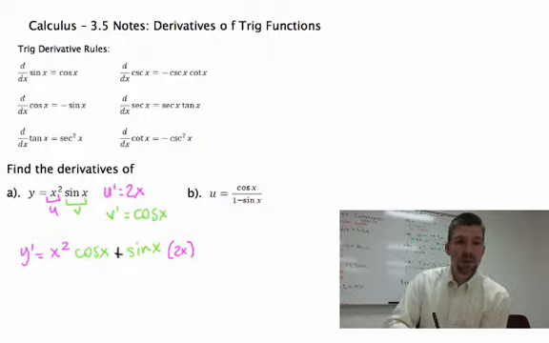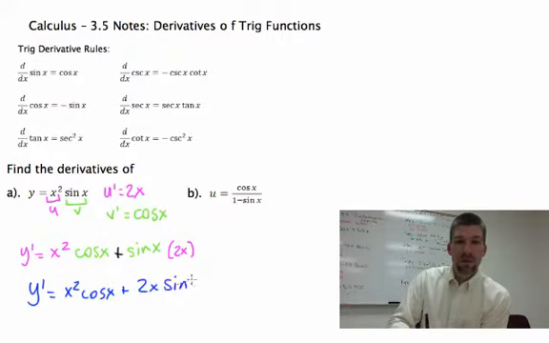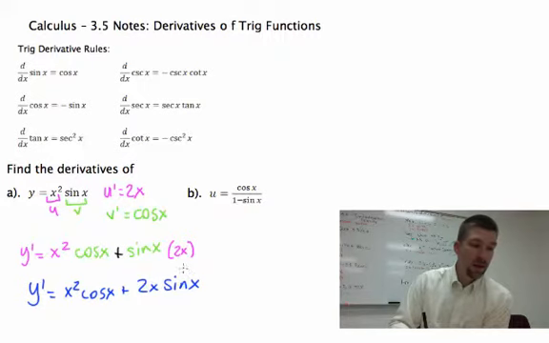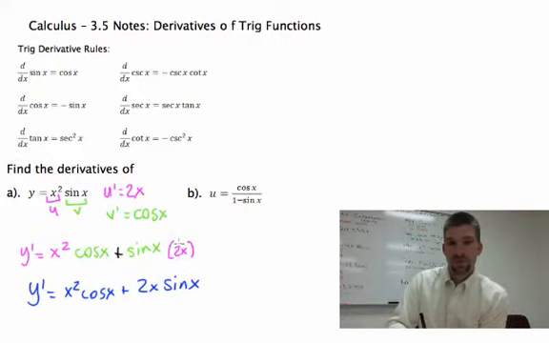So when you put all of this together for one problem and an answer, the derivative is just going to be y prime equals x squared cosine x plus 2x sine x. And there's really not much else we can do with that. We're done there.